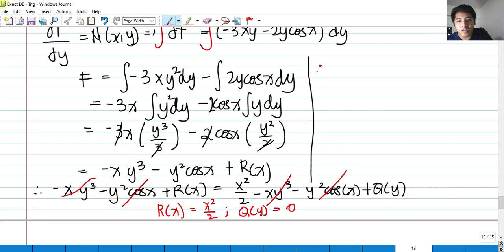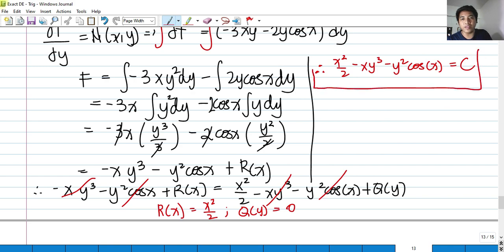So therefore, our answer, since the value of q of y is 0, is x squared over 2 minus xy cubed minus y squared cosine of x equal to c. The value of q of y is 0, so I did not add plus 0 here. So this is the final answer for our DE.